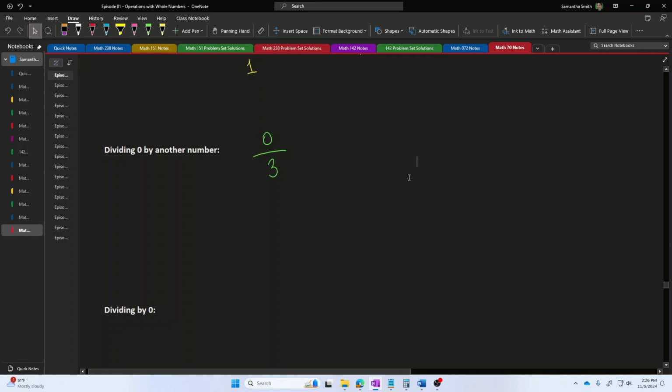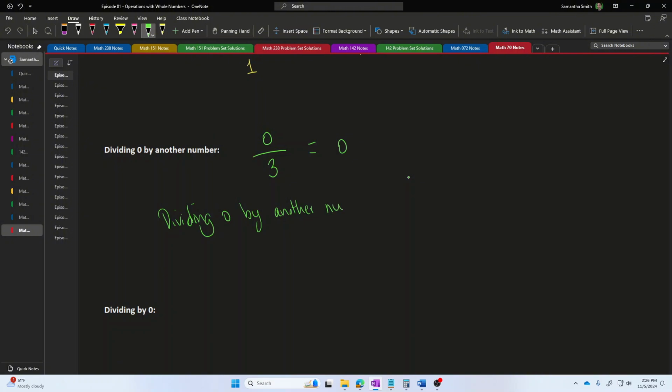So dividing no objects fairly, everybody gets 0. Result 0. And this happens every single time. If I have no objects to start with, and I divide that 0 into some number of groups, the result is going to be 0 every single time.